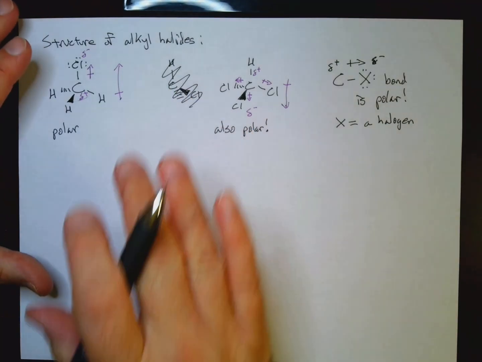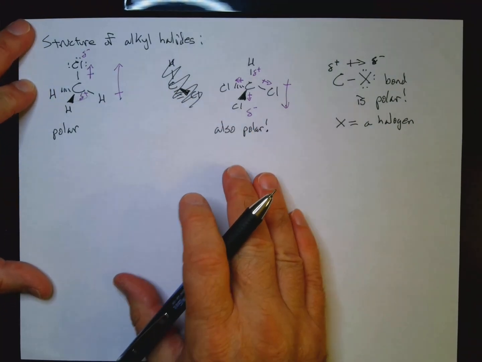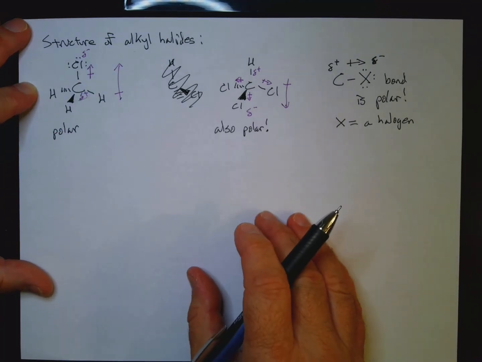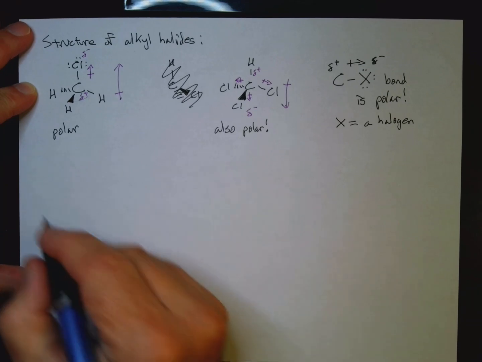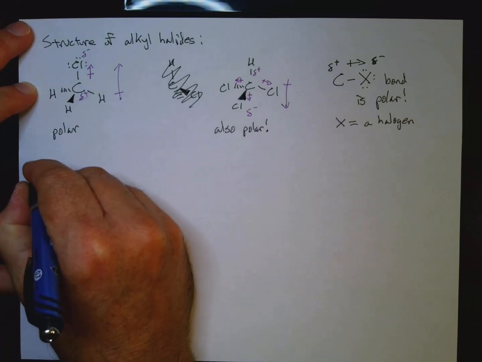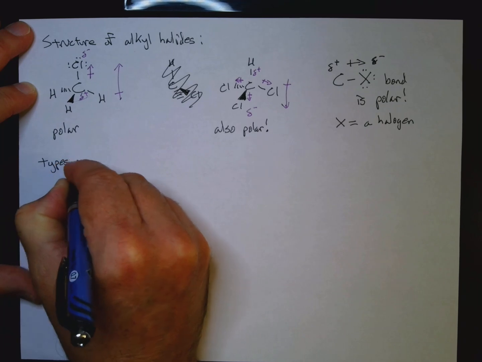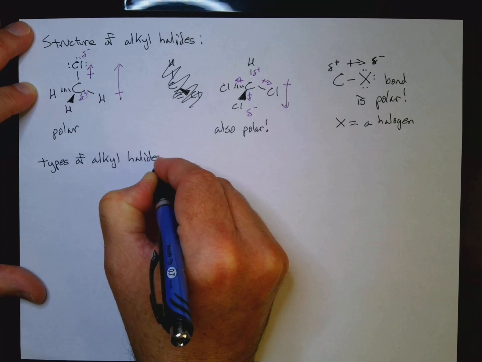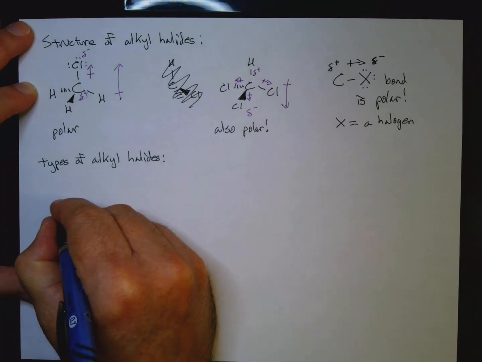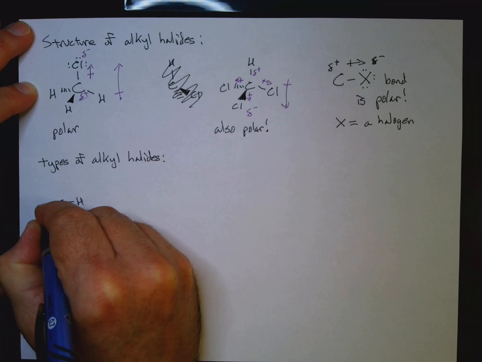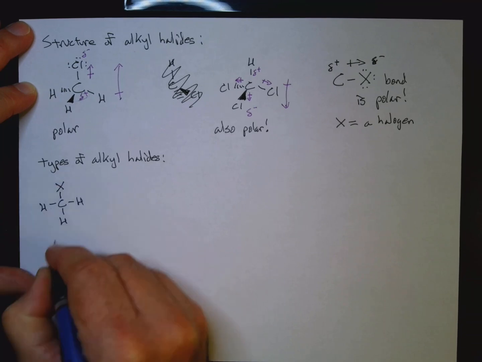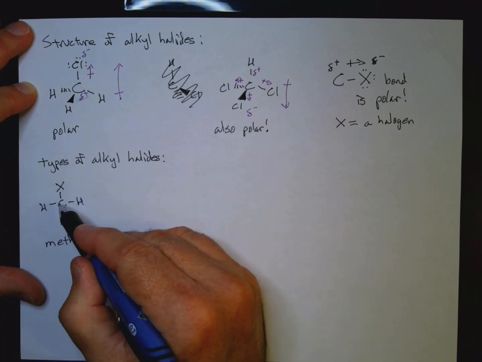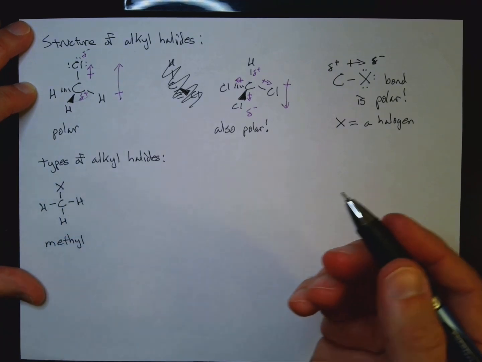So that's one thing to keep in mind, and especially as we go into chapter 11, the polarity of that bond is important. Now, there are some other things. So maybe we'll say types of alkyl halides. If our halogen is just attached to a methyl group, that's a methyl halide.